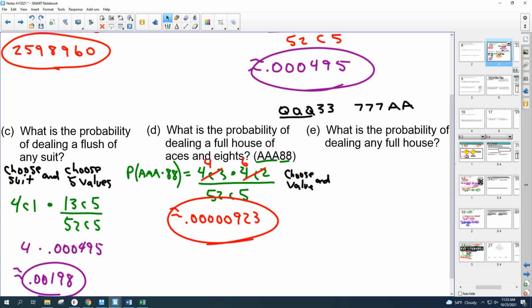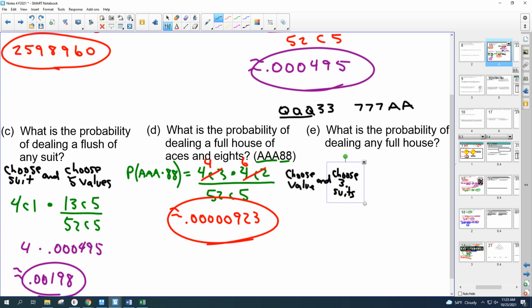Do I want hearts, diamonds, and spades? Do I want clubs, spades, and hearts? I'm going to choose 3 suits. Got to choose a value, and then you've got to choose the suits.